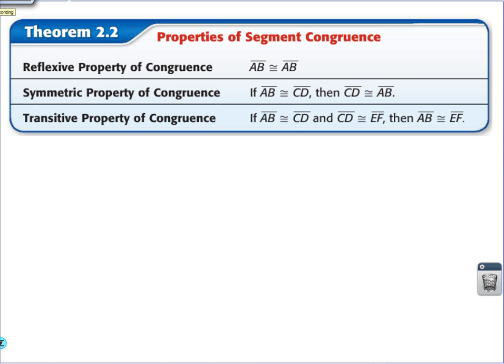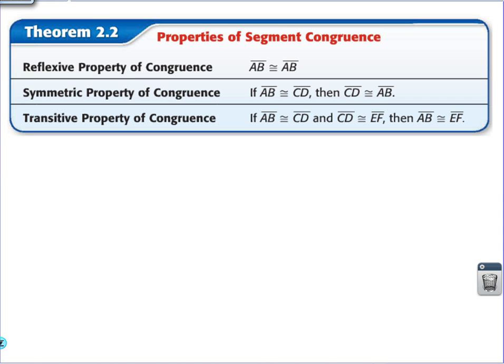I kept saying a while ago that we have an addition property of equality. We have an addition property, or excuse me, a subtraction property of equality, a transitive property of equality, a symmetric property of equality. Well, here are three more properties. These are your properties of congruence, which should make sense. I mean, equality and congruence are pretty much the same thing.